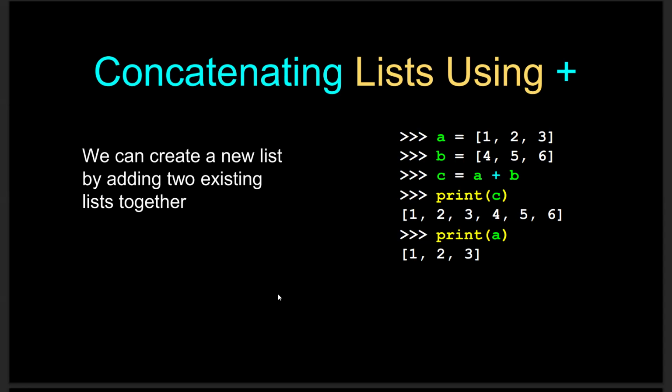So next, concatenating. In the last class, we have seen how to concatenate two strings by using plus. So by using the plus operator, we can concatenate strings. Likewise, we can concatenate two lists also. If you want to concatenate lists, you need two lists.